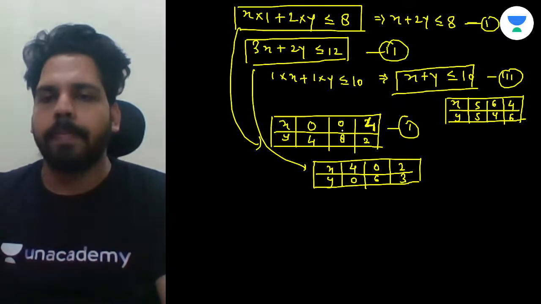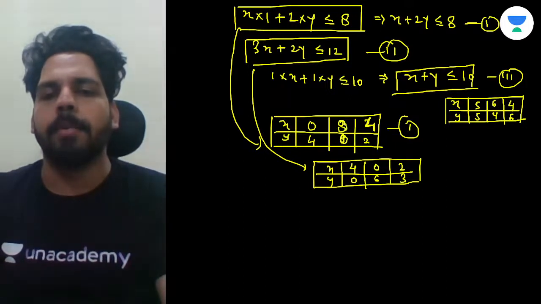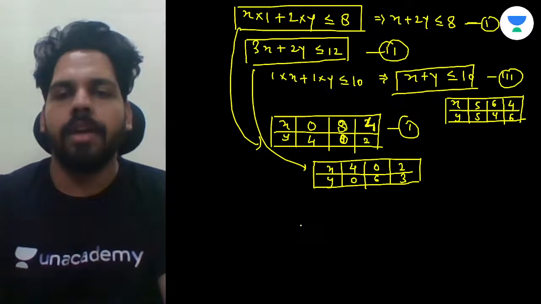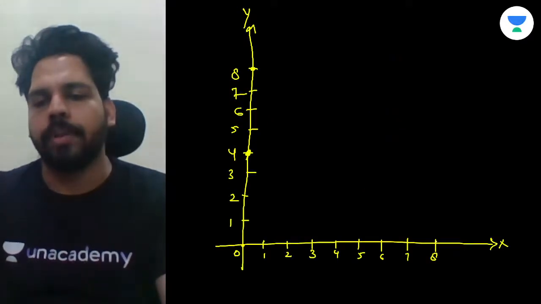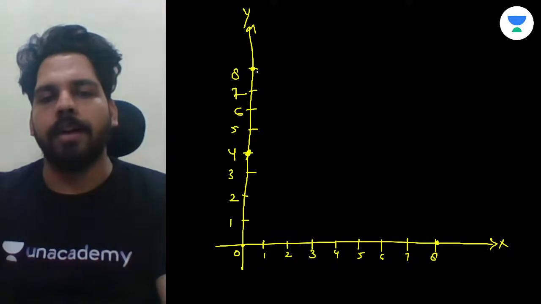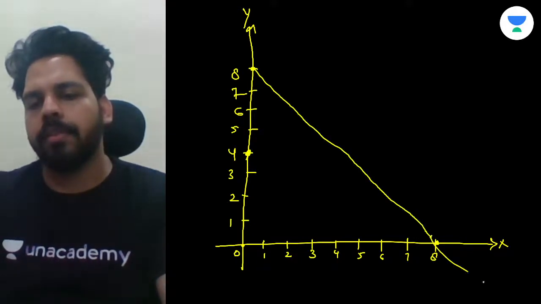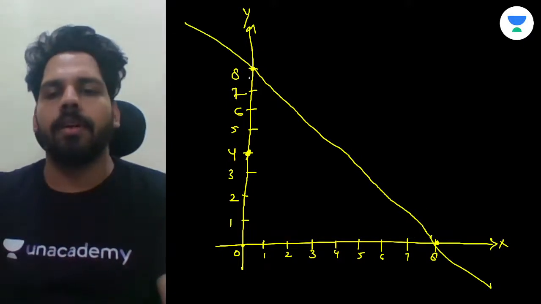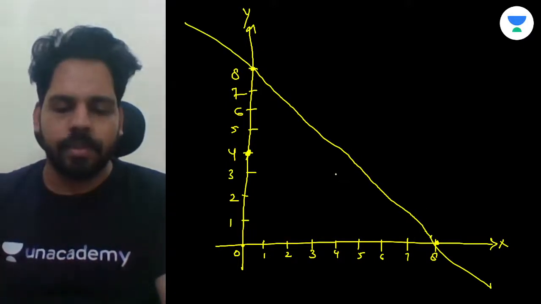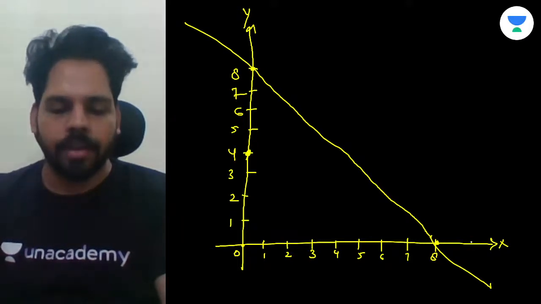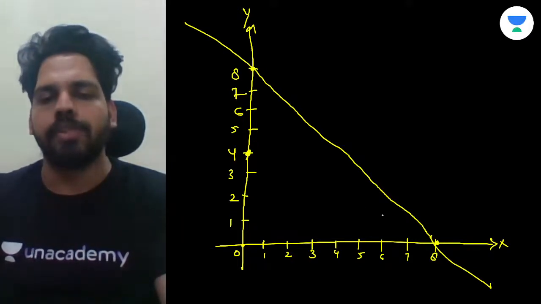Here y should be 0 and x should be 8. That can be possible. 8 comma 0 should be here. So we are taking 8 comma 0, that means this point. So these 2 points we have to join with a straight line. Okay, we have drawn. Now see, I am just drawing without using a scale. You have to draw using a scale, so you will get the actual points.